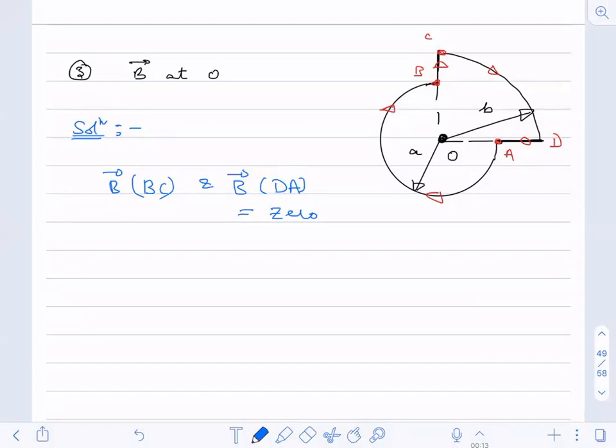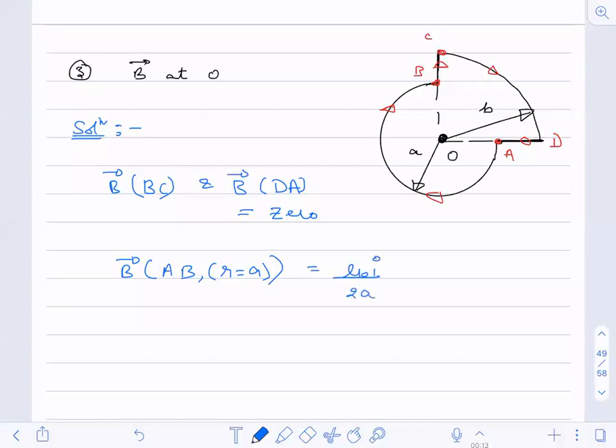So the magnetic field due to the AB curve, which is of radius A. Now, what will be the value for this? We are supposed to calculate that. So just see here, mu naught I by 2A.